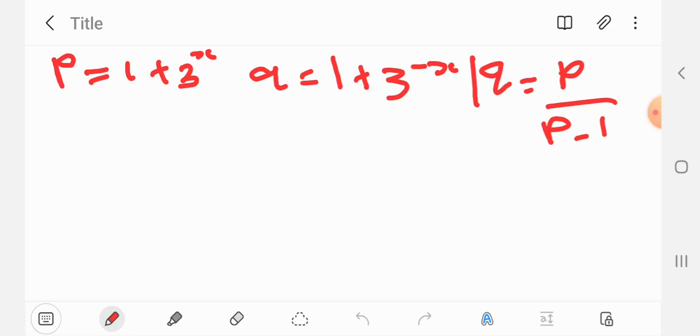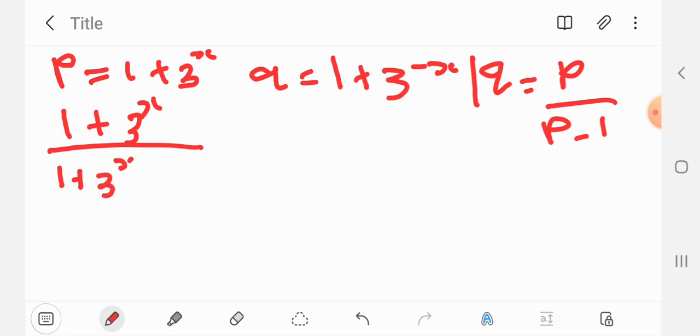So here we're going to have 1 plus 3 to the power of x, and then we are going to have 1 plus 3 to the power of x. Remember the exponent rule says when you have a negative exponent, you can write it as 1 over 3 to the power of x and it will be positive.